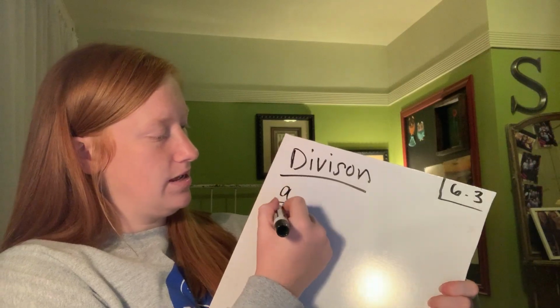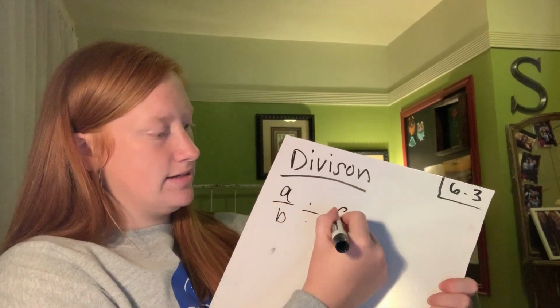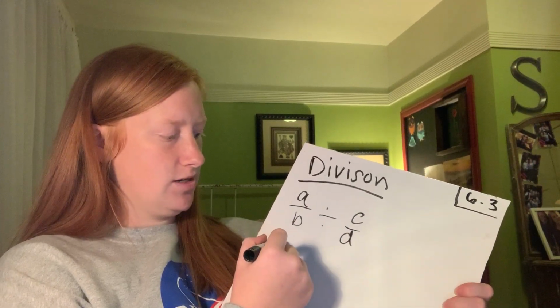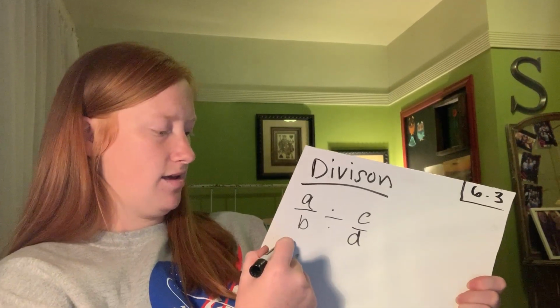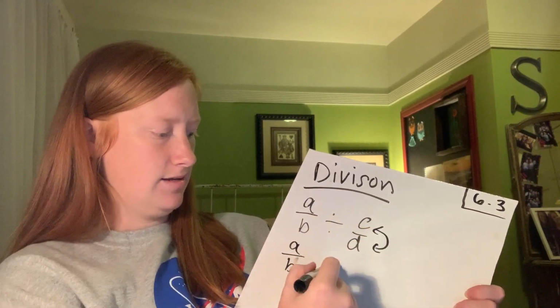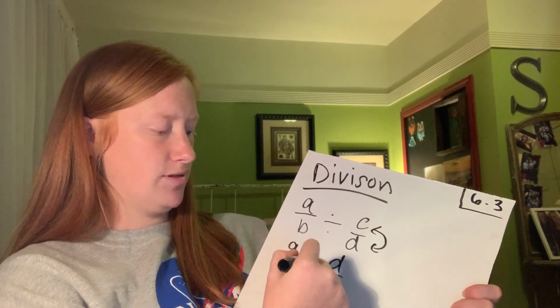You're going to have A over B divided by C over D. Keep the first, flip the second, so it's going to be D over C, and multiply.